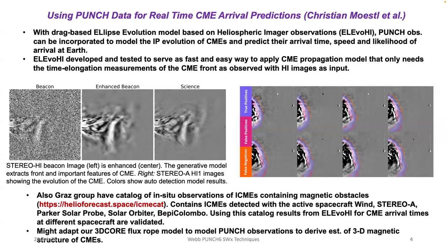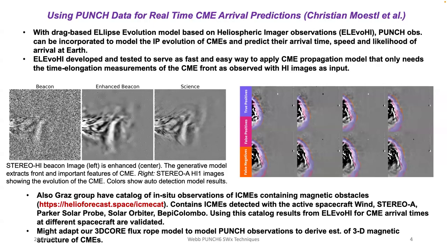I also mentioned, I think it's important, the Graz group have a catalog of in situ observations of CMEs containing magnetic obstacles like flux ropes. And PUNCH will be added to their catalog, so that I think is a big advantage right away. This catalog, I think, can you hear me all right? Yes. The catalog, I think, events are entered fairly routinely and pretty rapidly.